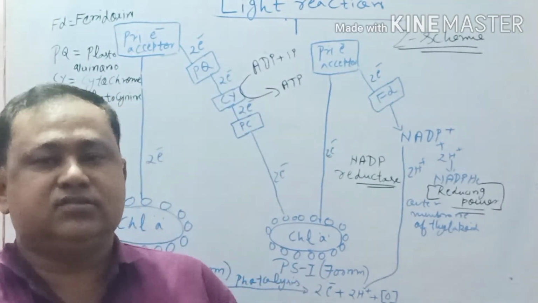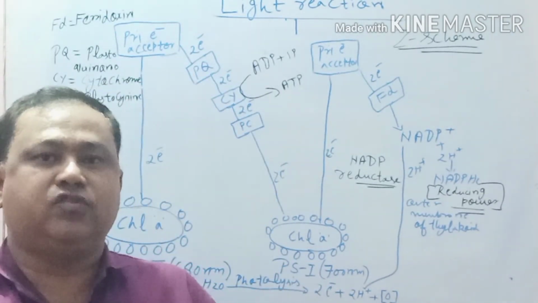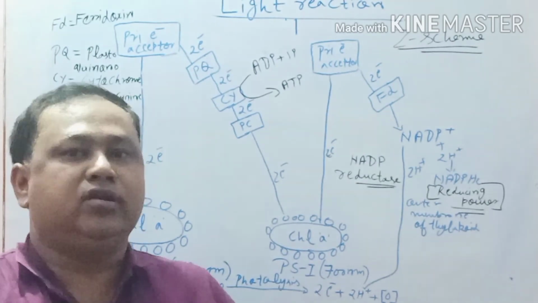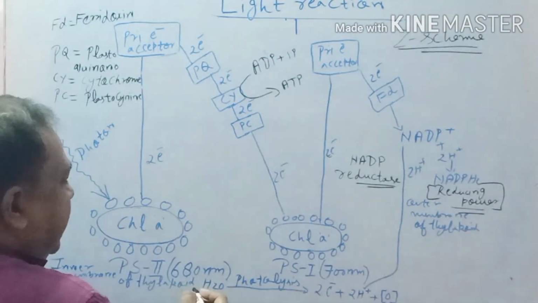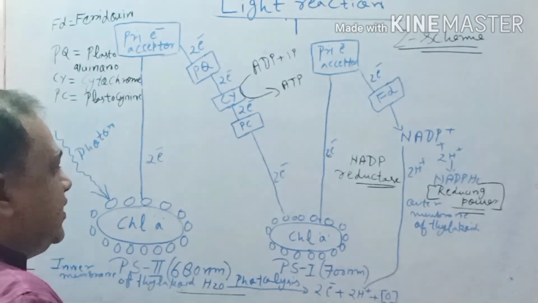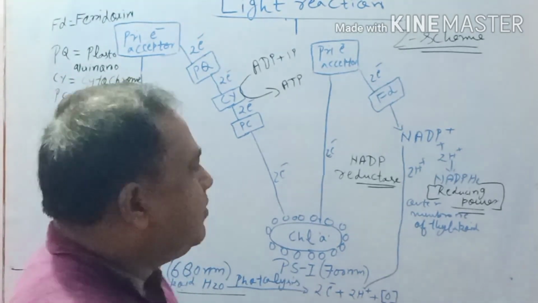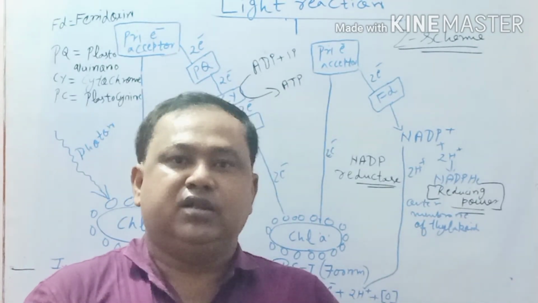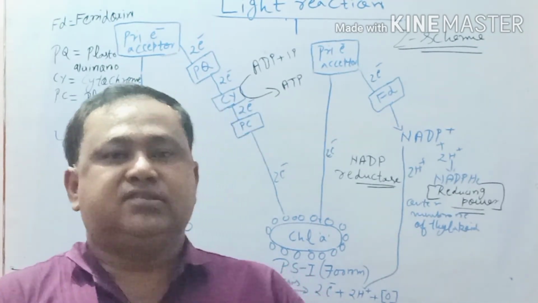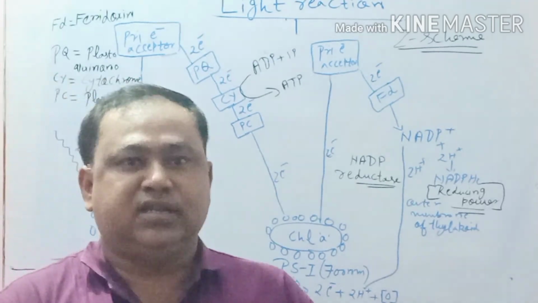Reducing power is NADPH2, which is formed at the outer membrane of thylakoid. The splitting of water takes place at the inner membrane of thylakoid. That is all about non-cyclic photophosphorylation. Now we will discuss cyclic photophosphorylation in the next segment.